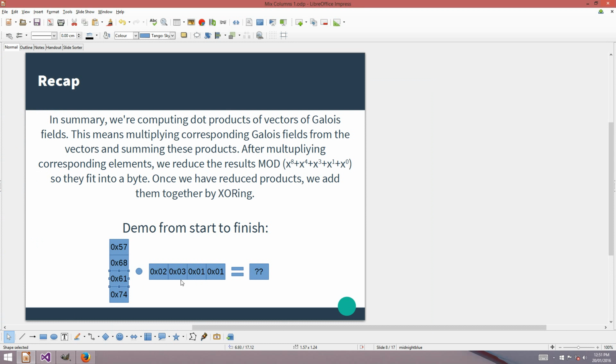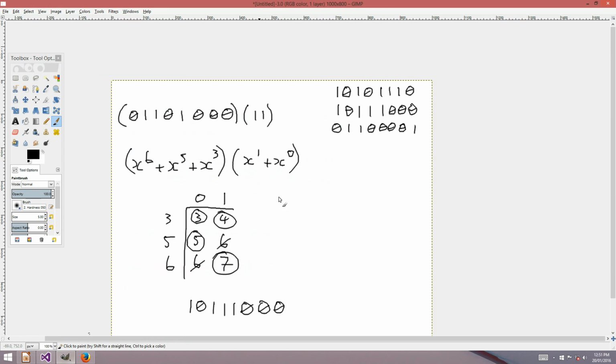All right, so that's 6-1 times 1, and the other one that we've got to do is 7-4 times 1. So 7-4 times 1 as Galois Fields is just going to give us 7-4 again.